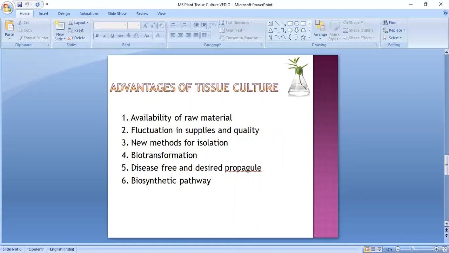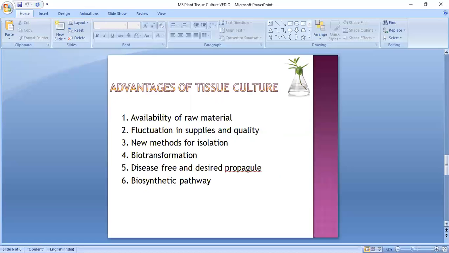Sometimes the climate is good, sometimes bad. Due to that climate condition, changes in secondary metabolites may happen. Further, crop disease and season also matter. All these problems can be overcome by tissue culture. Third one, a new method for isolation.